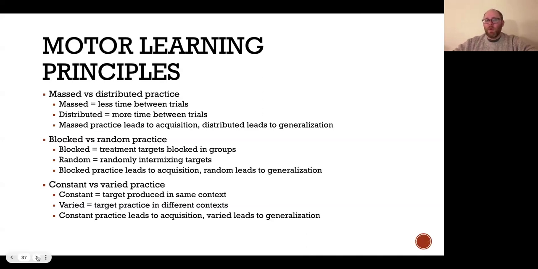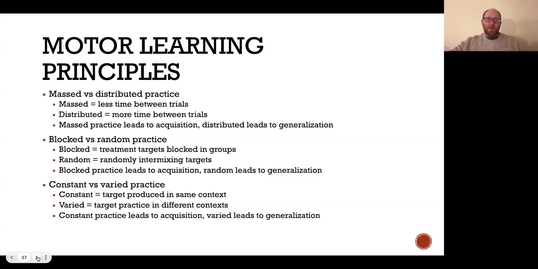So we have something that looks at massed versus distributed practice. In massed practice, you're going to have less time between your trials. So this is where you might have someone who's learning to say words, and you're just showing them flashcards, word after word after word, a lot of practice up front. Whereas with distributed practice, you might have them do 10 and then take a break, and then come back and do 5 and then take a break, and do 20 and take a break.